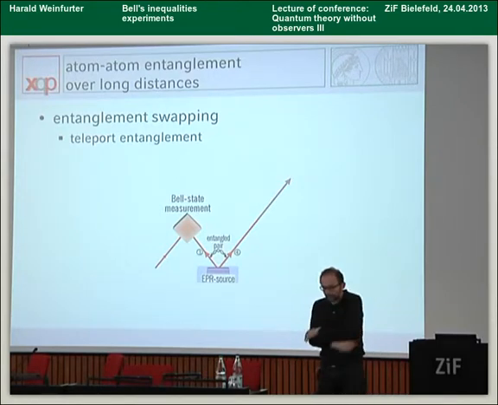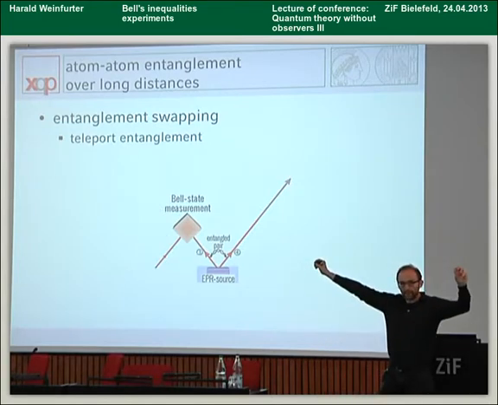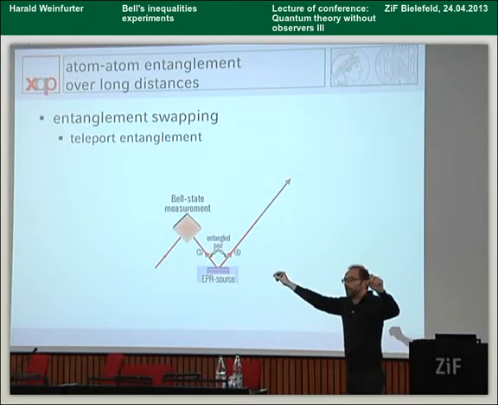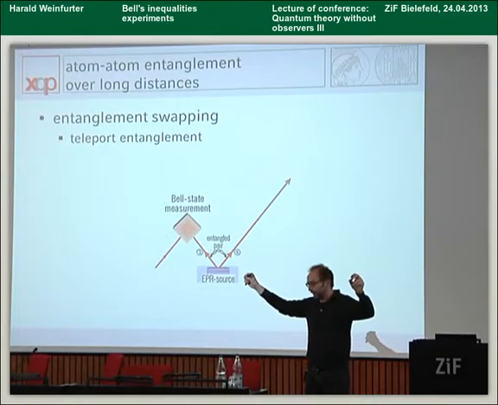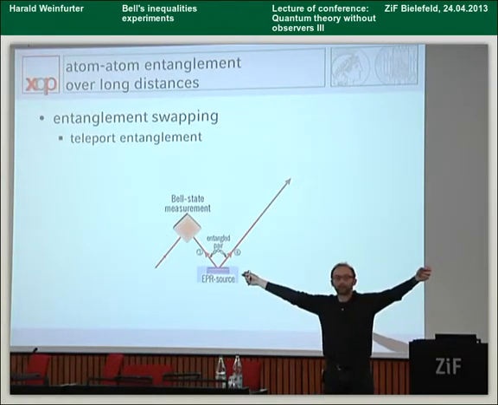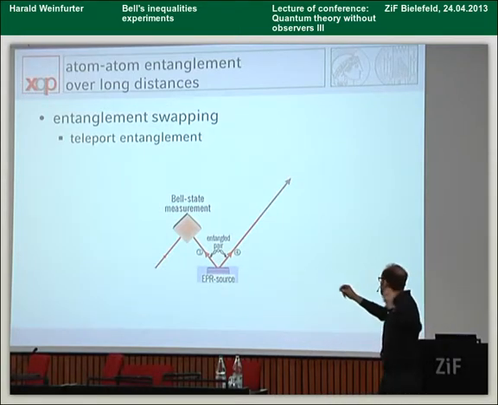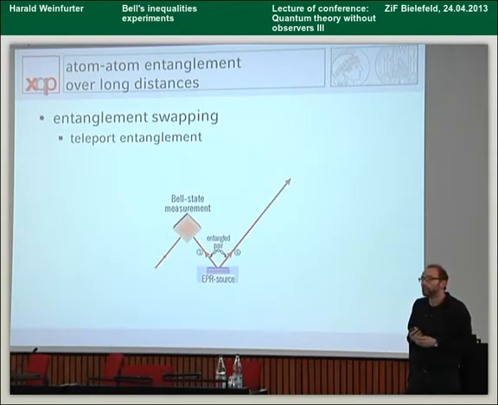For our way to distribute entanglement, we really want to get atoms entangled at a distance of these 300 meters. And of course, usually we can entangle atoms by letting them interact, but then we cannot bring them apart anymore. That's not possible at all. So we need something different. The way we are doing it is we want to teleport the entanglement, or rather use what's called in quantum information entanglement swapping.